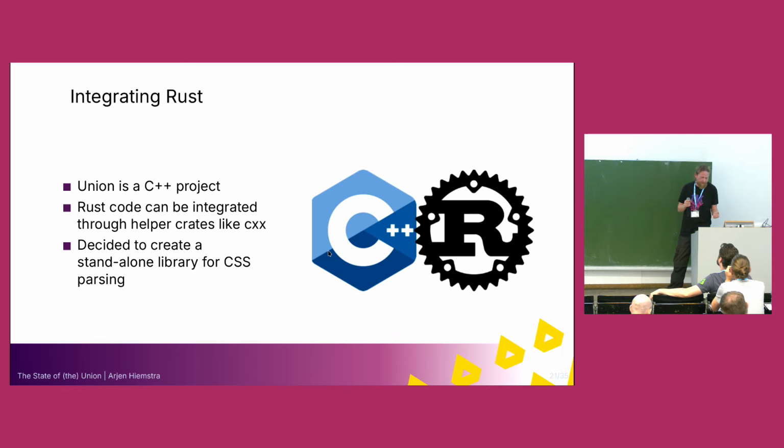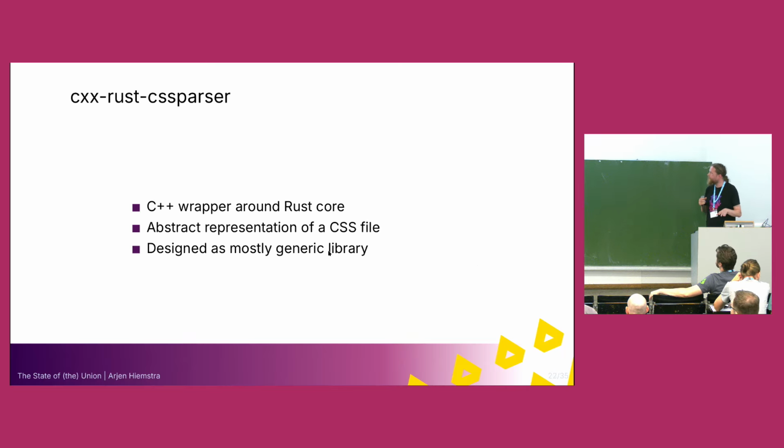Specifically, there's the CXX crate, which in this case I decided to use to create my own library, with a very thin C++ API, so that I can use Rust for most of the actual CSS parsing tasks and just output this abstract description of what the CSS file produces. So that's what I eventually called, by the very creative name, CXX Rust CSS parser.